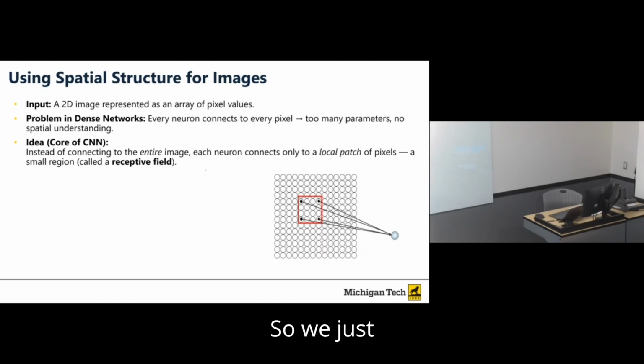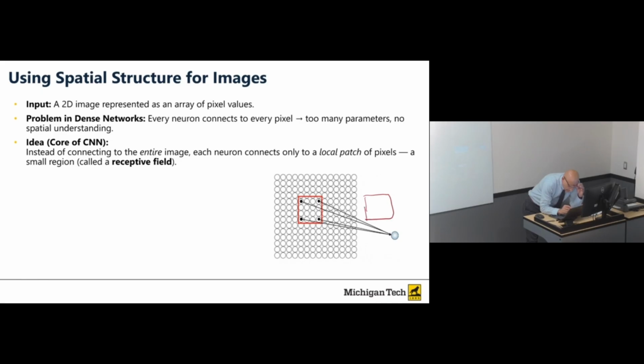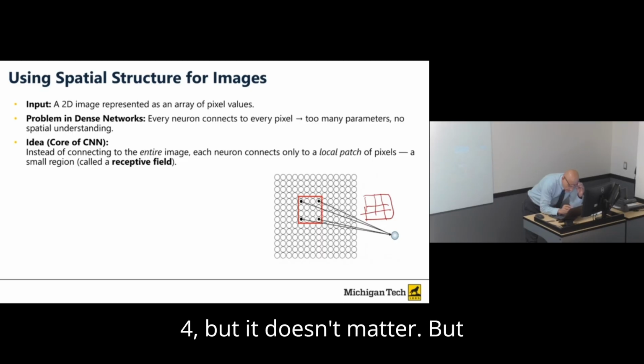We just need a kernel, which is another matrix, most of the time 3 by 3. Over here it is 4 by 4, but it doesn't matter. Normally a kernel has odd dimensions, like 7 by 7, 3 by 3, 9 by 9. Anyway, this is called a kernel.